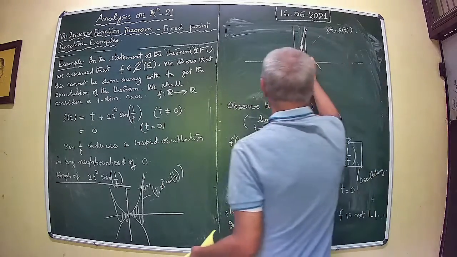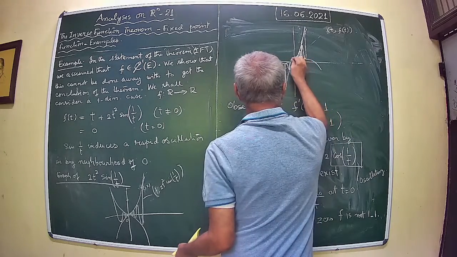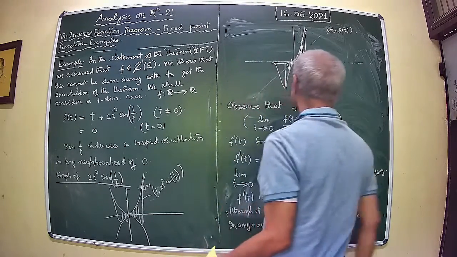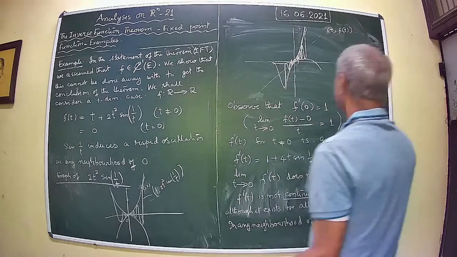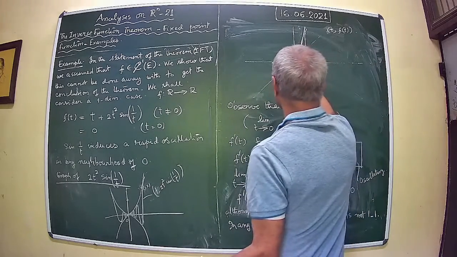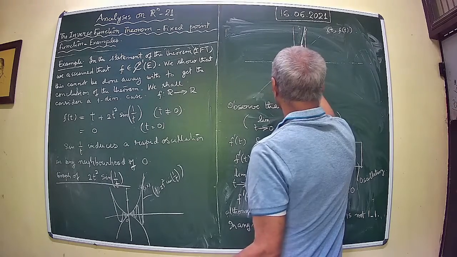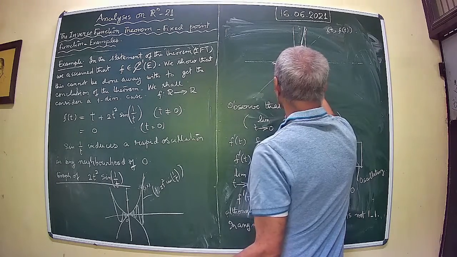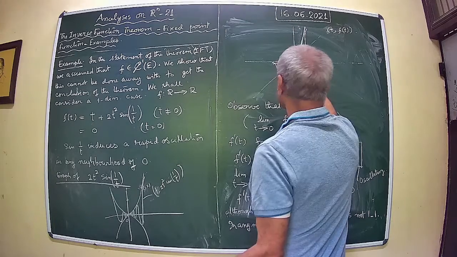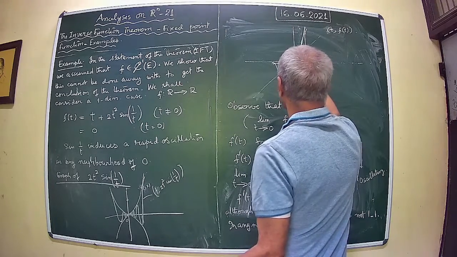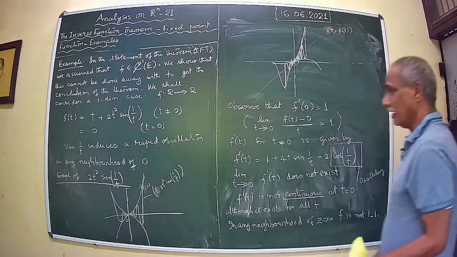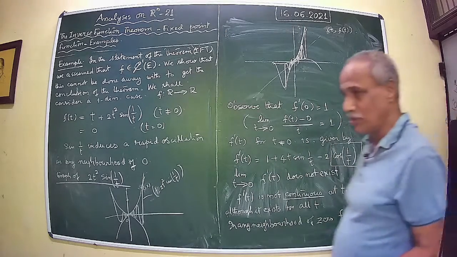Take any neighborhood here, and if you take a particular value here or here, there are several values of x for which the function takes that value because of the rapid oscillation.